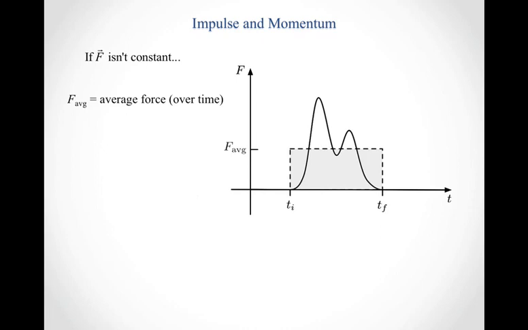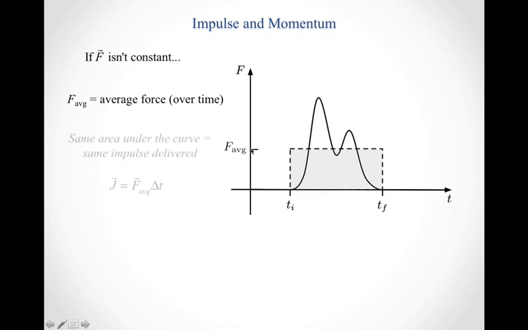So if F isn't constant, and varies in magnitude, one thing I can do to avoid dealing with the complicated calculus that a force like this requires is to say, well, I get the same answer for the impulse by thinking about the average force.